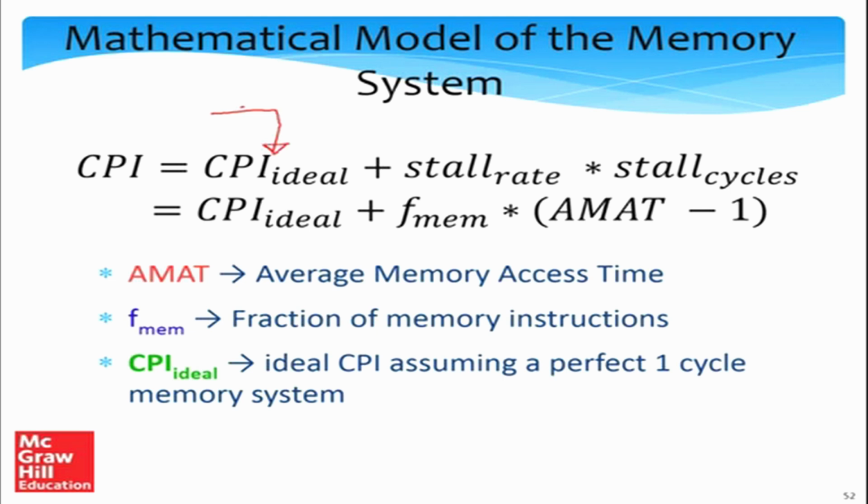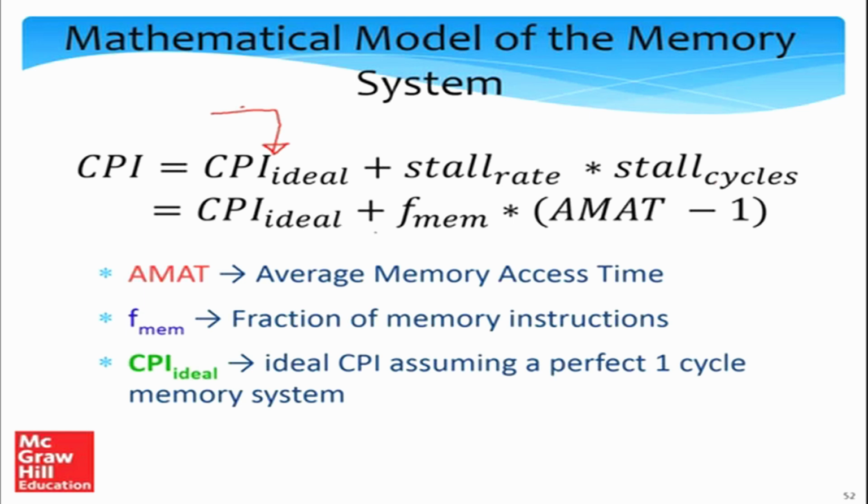This can include pipeline stalls and everything else, but the only assumption is that the memory system per se has hits in 1 cycle. Then we use the parameter stall rate as the fraction of instructions that actually stall, and for each stall how many cycles we waste. This essentially gives us the number of pipeline bubbles. As we have seen in the previous chapter, we can compute the CPI in this manner.